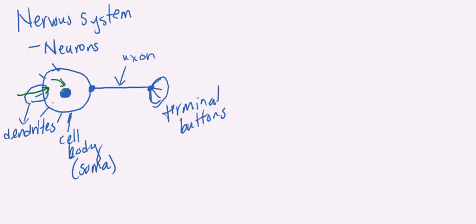Cell body processes it, decides what to do, and if it decides to continue the signal, it creates an electrical signal which travels from the cell body all the way down the axon to the terminal buttons. And the terminal buttons pick up this signal and they release chemicals called neurotransmitters.